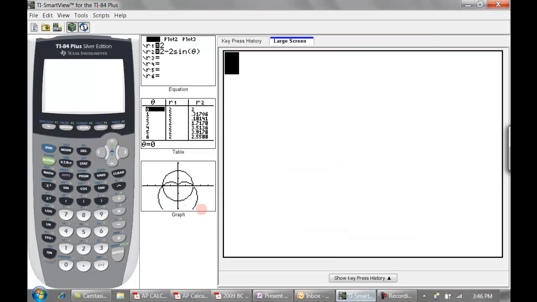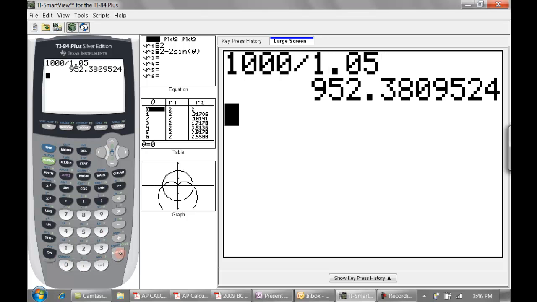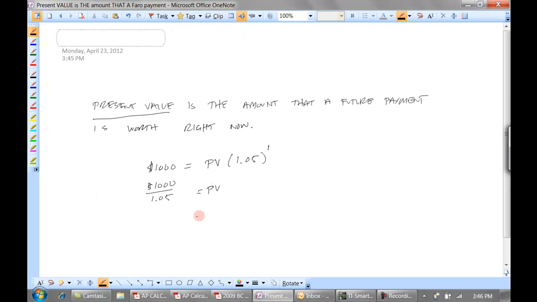If I go to my calculator and do 1,000 divided by 1.05, I get $952.38.